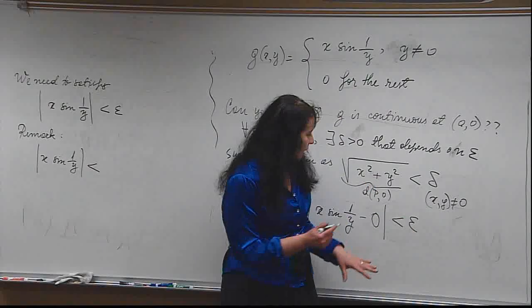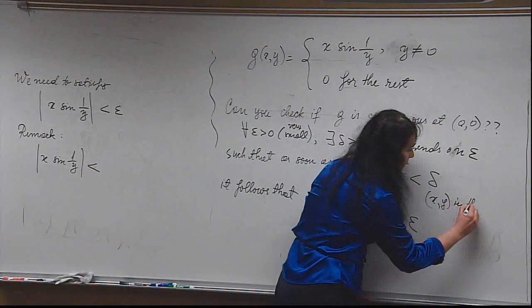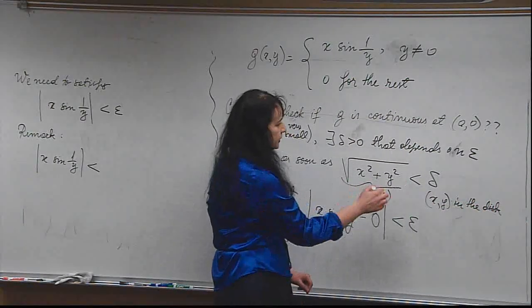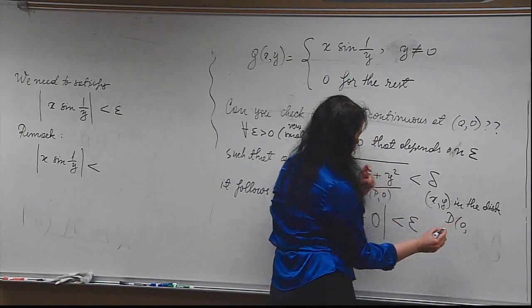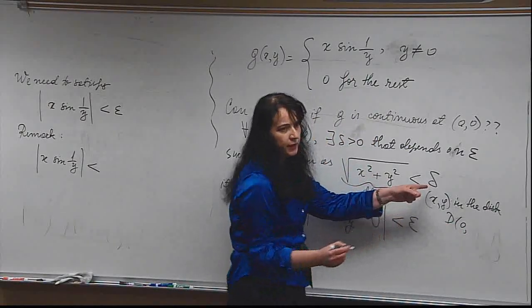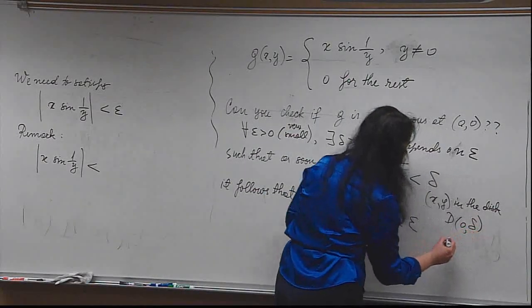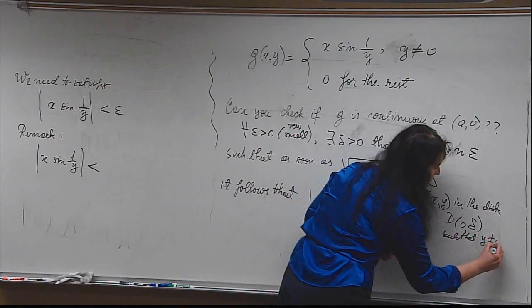So practically, all I care about is xy in the disk. What disk? The disk of radius, what is the radius? Delta, such that your y should not be 0.